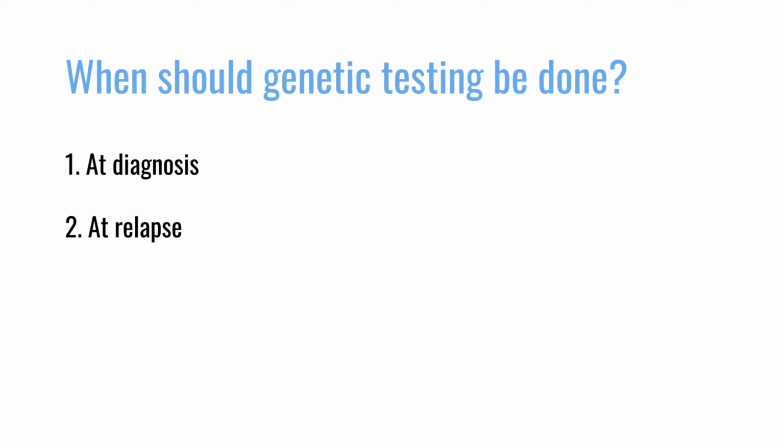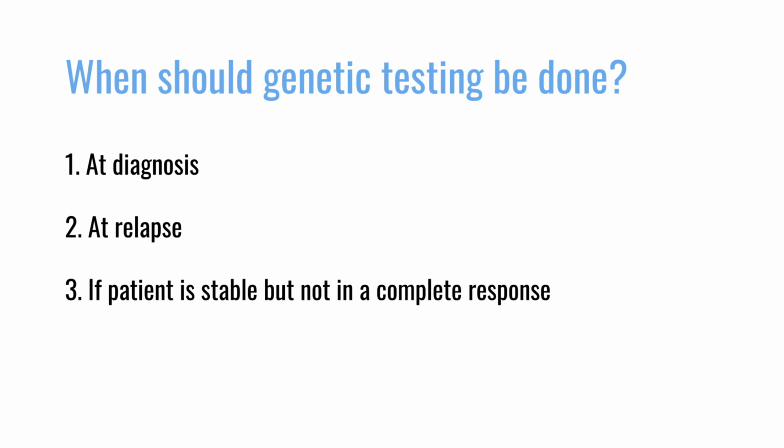Could make a strong case to look at relapse, and each relapse. I'd like to make an argument that in the future, if you're not in a complete response and you can measure some disease, it might be important to know that information because you could treat the disease with a targeted treatment when the patient's in remission.